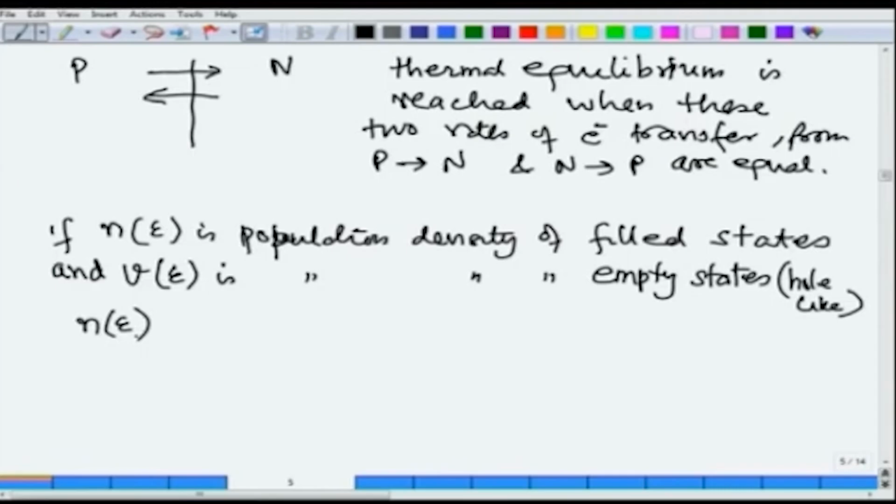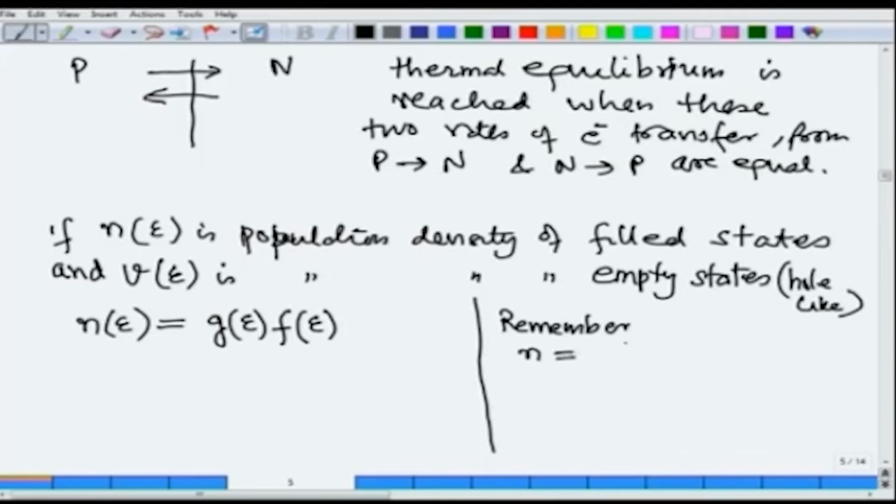We have already learned this before, that this quantity will be equal to G(E), which is the density of states, times the Fermi function, the probability of finding an electron at energy E. Recall, if you have already forgotten, then remember we had calculated n as equal to the integral from Ec to infinity of G(E) f(E) dE.